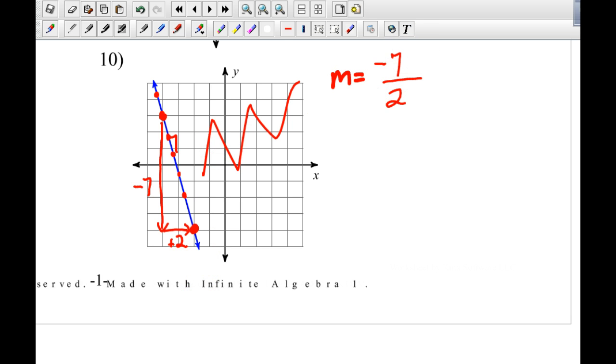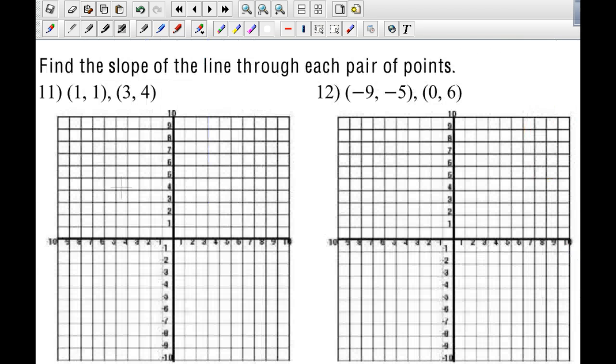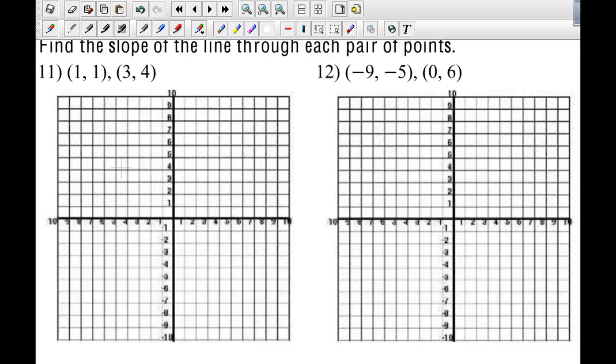Okay. On the back, we did give you the points. So 1, 1, 3, 4. And you can find the slope there. Go up 3 and right 2.